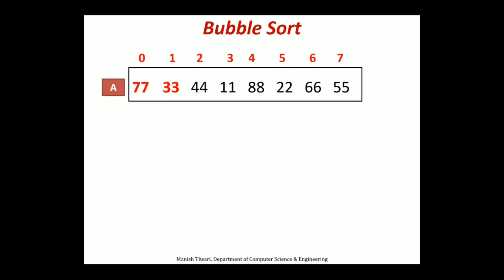If we are arranging the elements in ascending order, then the correct order is that the value on the left-hand side should be less than the value on its right-hand side. So we will compare each adjacent pair, and if they are not in correct order, we will swap them.